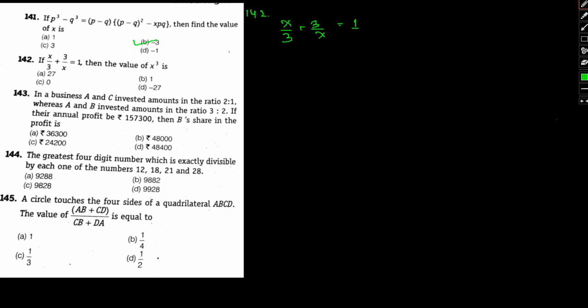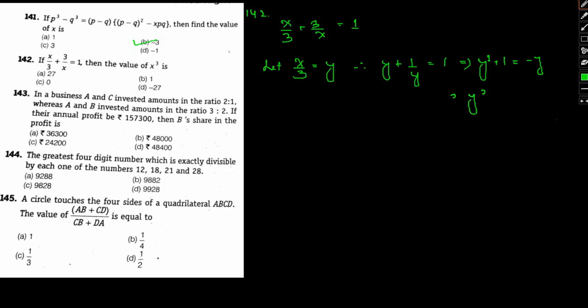So let x by 3 equal y. Therefore y plus 1 by y is equal to 1, because 3 by x will be 1 by y. So we can write that. This can be further written as y square plus 1 equal to minus y.